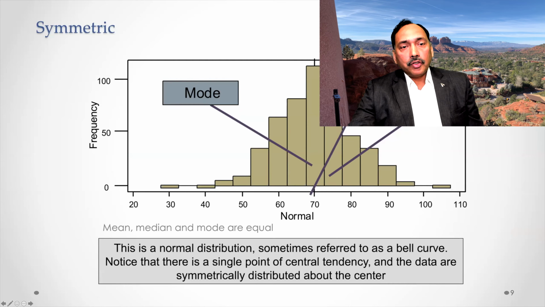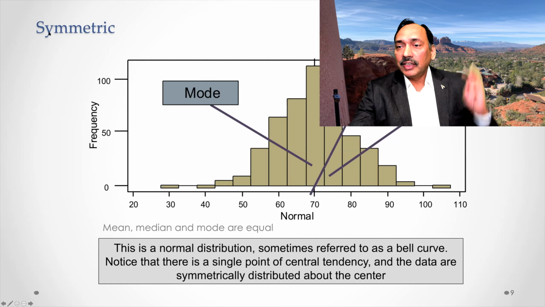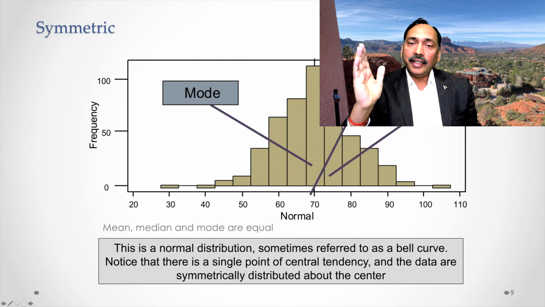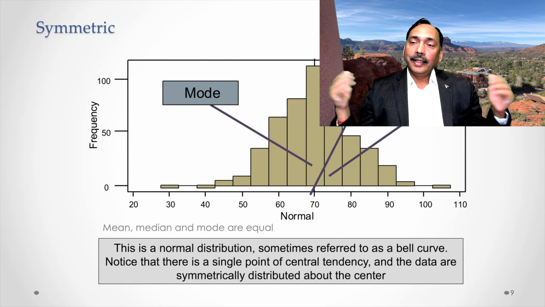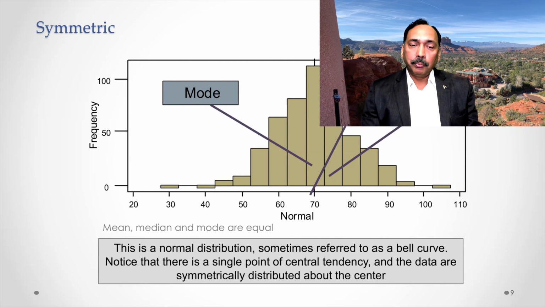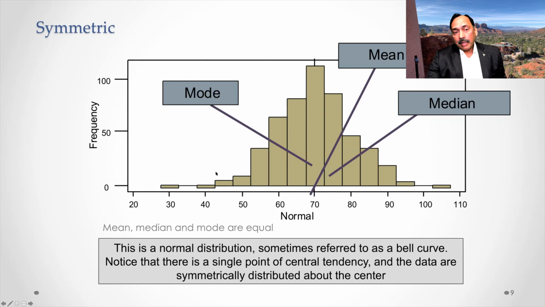So when we make a histogram, as I mentioned earlier, we look at 3 things. One is central tendency, the concentration of values. Another is spread, and the third thing is the shape. Sometimes a histogram may be shaped like this, symmetric.